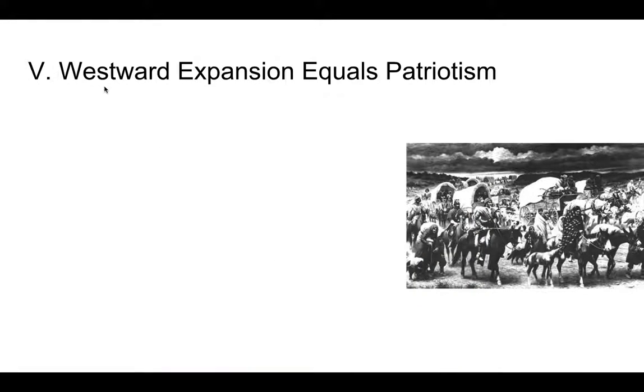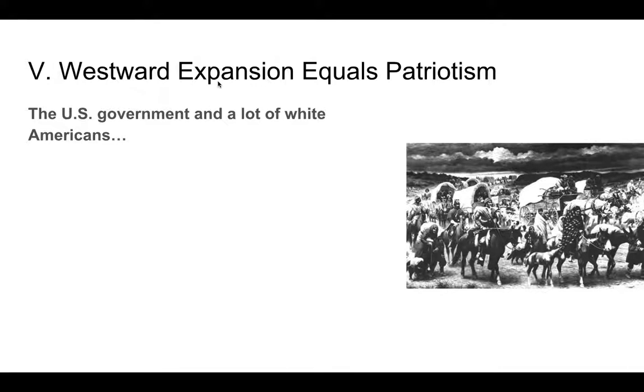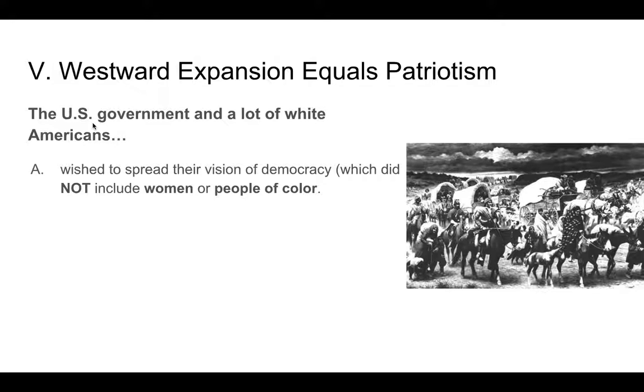Roman numeral 5, westward expansion equals patriotism. So to be a patriot or to be a real American citizen, you had to believe in moving westward. Well, the U.S. government and a lot of white Americans, that's what's going to start each one of the subtopics. A, wish to spread their vision of democracy west.